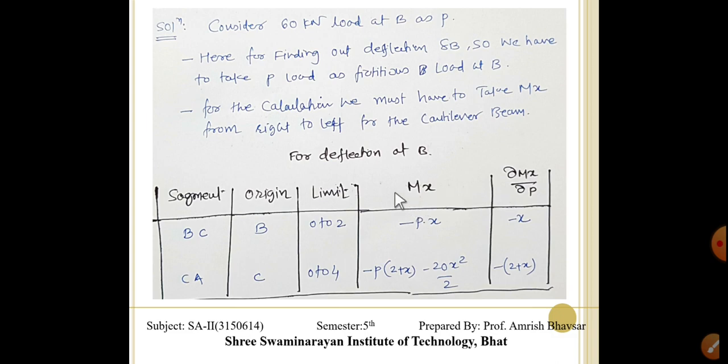Mx for B to C is equal to P into X, and from C to A it is minus P x plus 2 minus 20 x square by 2. So we find Mx. Now del Mx upon del P is minus x for the first segment, and minus 2 plus x for the second.